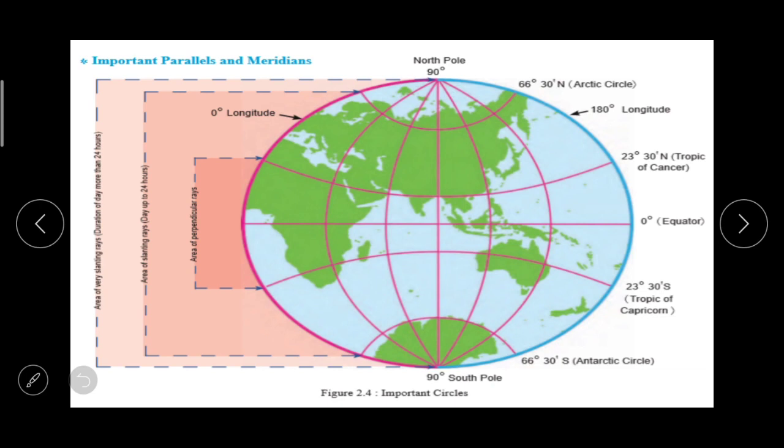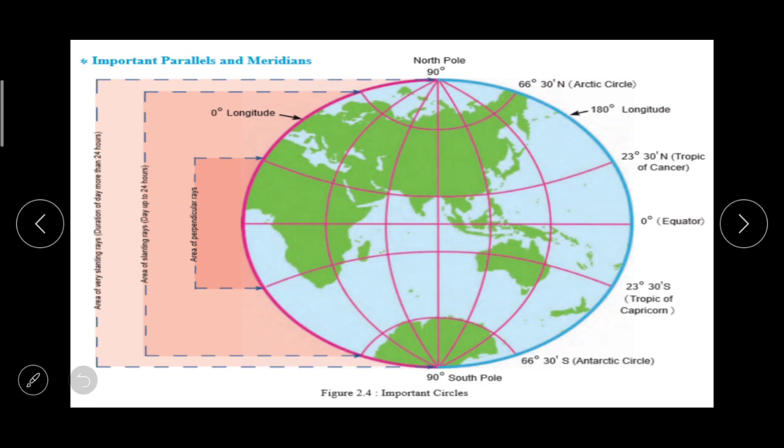Here now the next thing, let us use the Graticule, and for that figure 2.4 which is given in our textbook about important circles or important parallels and meridians.